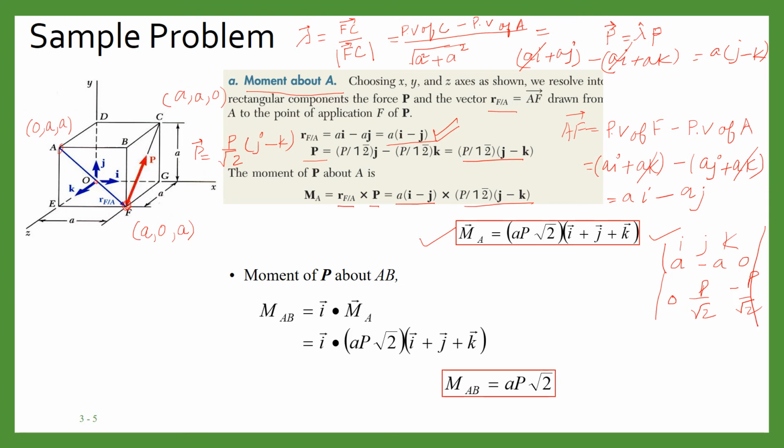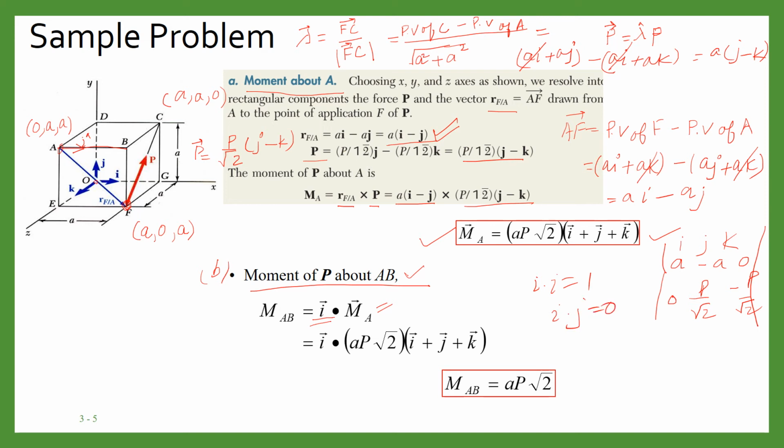Okay, now next B part of the problem is moment of P about AB. So AB is this, means AB is in the direction of x-axis. So as we know that if we want to calculate the moment along any axis, then we need to simply multiply the unit vector along that axis and the moment about a point A. Okay, so we need to simply carry out the dot product, and we know that i dot i is 1 and i dot j is 0.